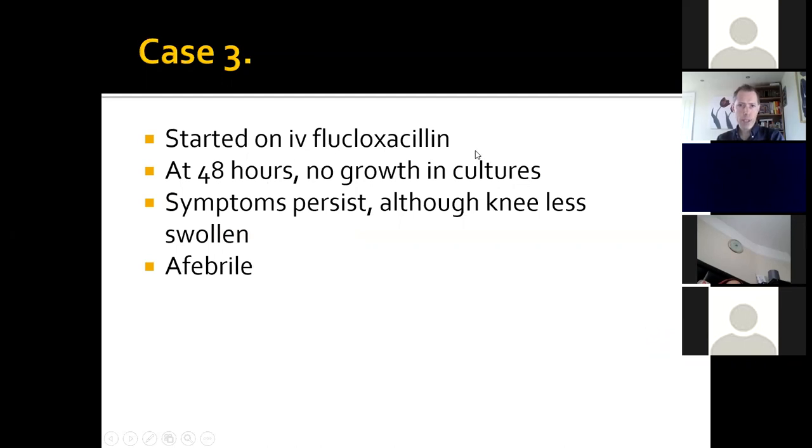He was started on IV flucloxacillin, as was the protocol at the hospital where he presented. And at 48 hours, there was no growth in the cultures from the hip. He had not had antibiotics prior to the aspirate being taken. Symptoms persisted, although the knee was less swollen after 48 hours of antibiotics, and he's now afebrile.